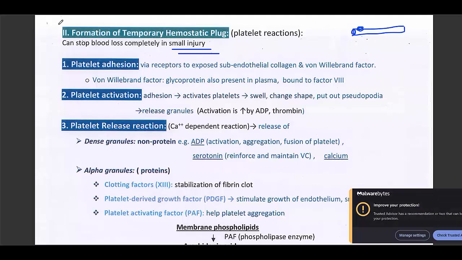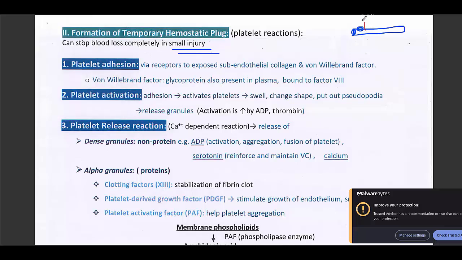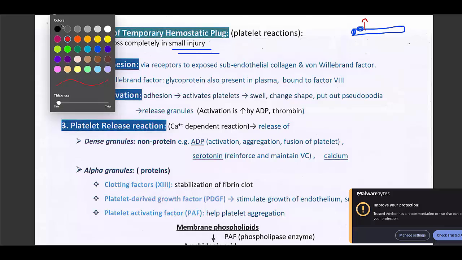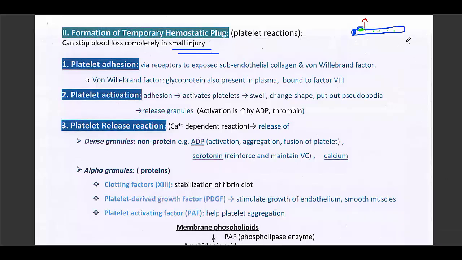So the blood starts going outside the capillary. The normal platelets in the blood just go and stick at this site and make a plug, so that it can prevent blood loss.